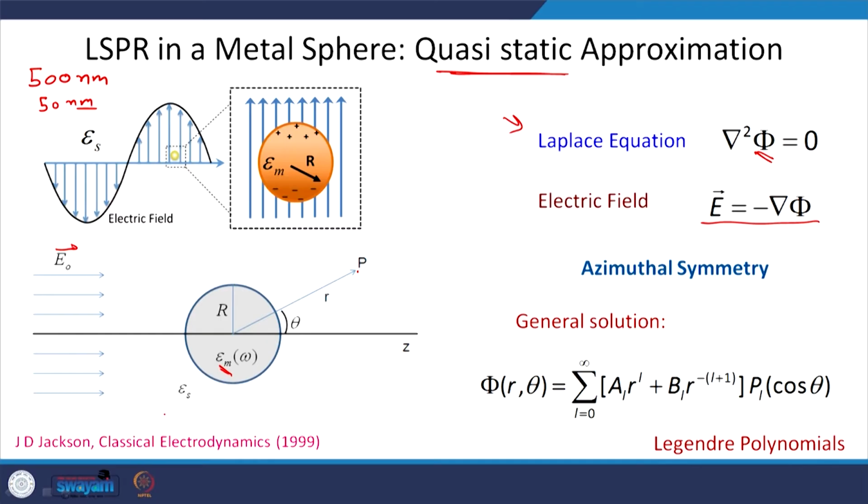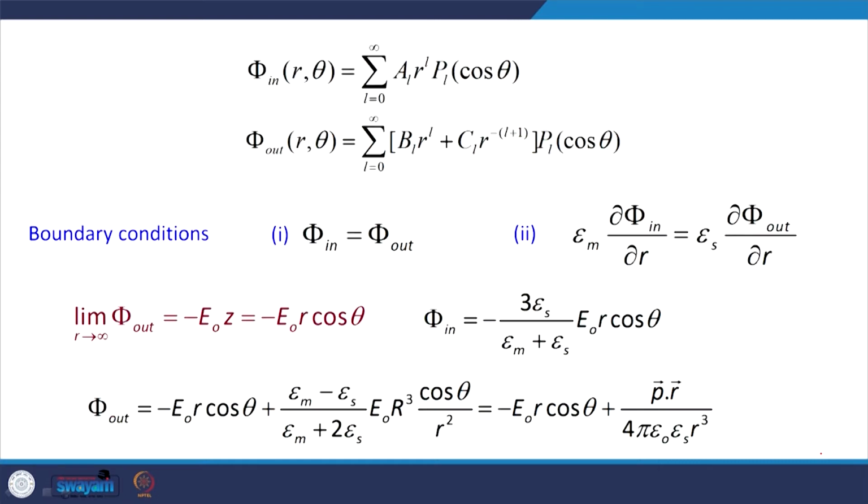Since it is azimuthally symmetric, the general solution can be given in terms of Legendre polynomials, where L is the order of the polynomial. You can write the potentials inside and outside the sphere as a function of r and theta, and you apply the boundary conditions to arrive at these relations.